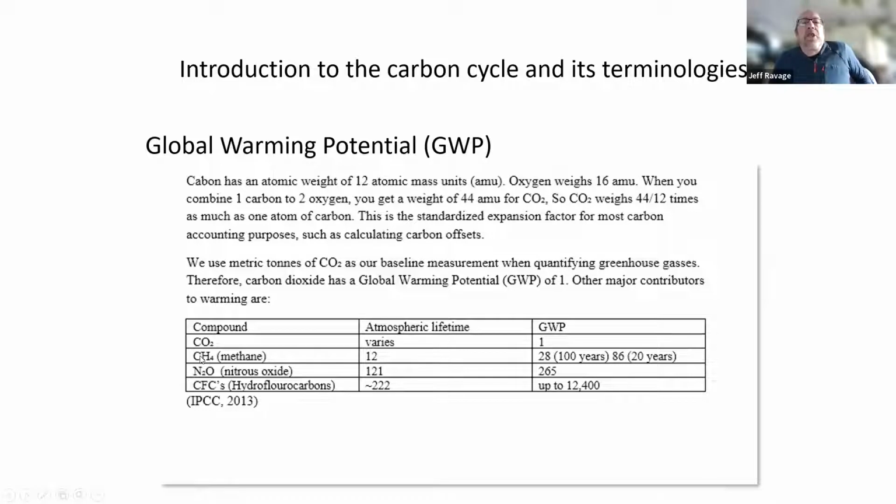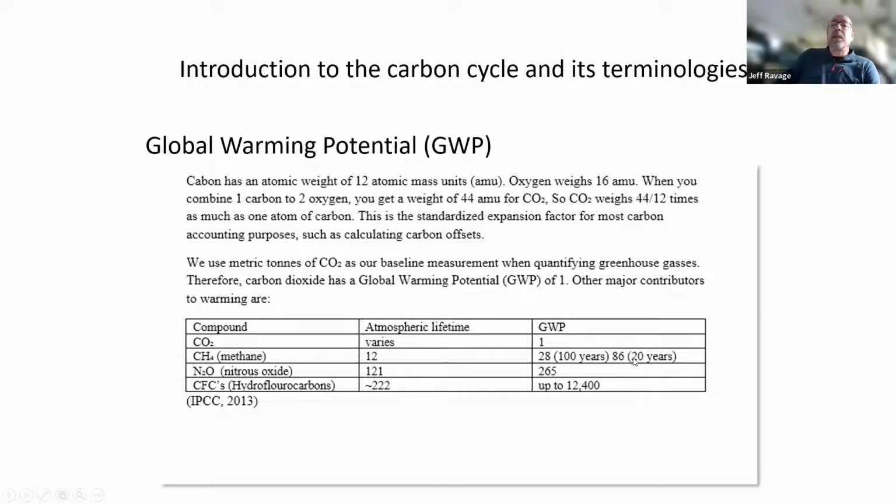So methane is an extremely potent greenhouse gas. One molecule can last 12 years in the atmosphere. Its global warming potential averaged over 100 years is 28 times as much per molecule as carbon dioxide.